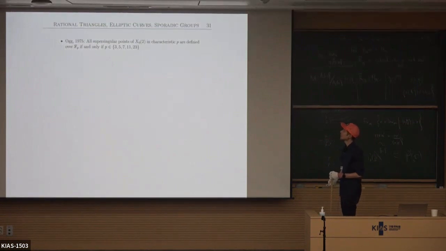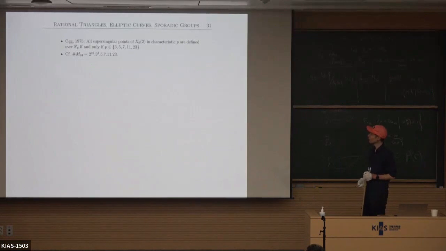In particular for X0(2), he computed that the special primes are 3, 5, 7, 11, and 23. You may recall that these are the prime divisors of the order of the group M24.